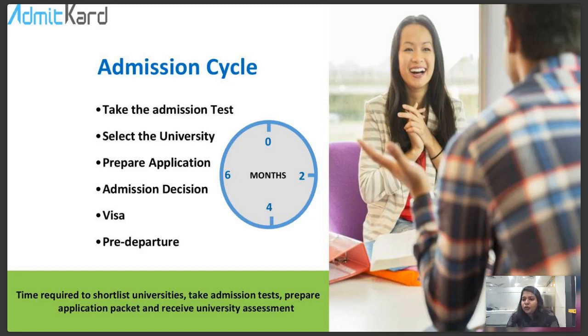Along with a GRE or TOEFL score, you would also require a research topic that you want to pursue a PhD on, and some research papers which are already published. At least 2 to 3 research papers published in magazines or journals or anything like that. That is very important for PhD students.